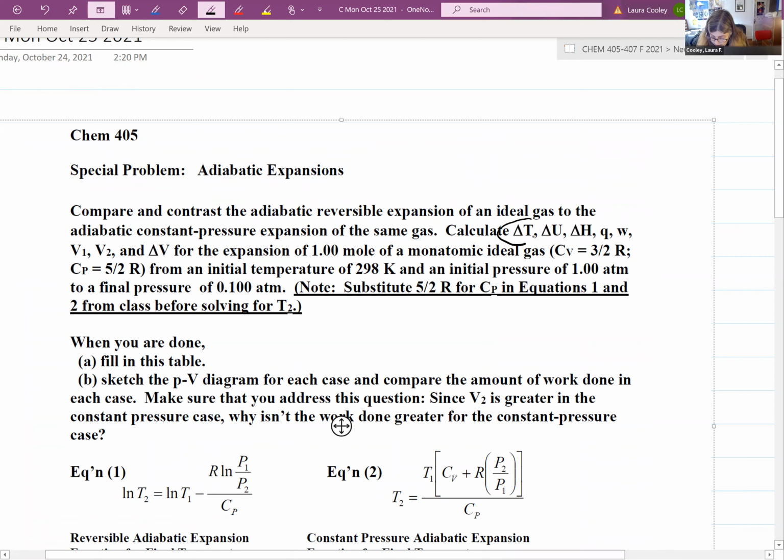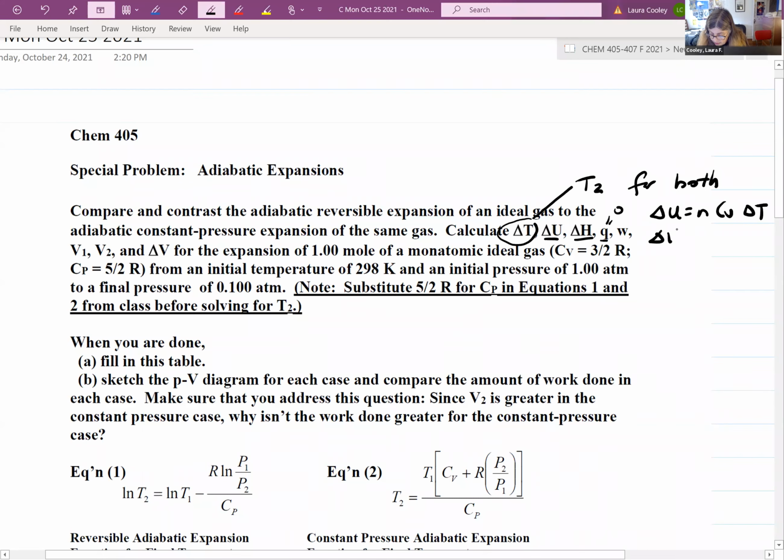So you have to calculate delta T, which means you have to get T2 for both. Then you do those very simple calculations. Well, Q is 0. Delta U is going to be nCv delta T. Delta H is nCp delta T. W is simply delta U. So once you get T2, those calculations are easy.